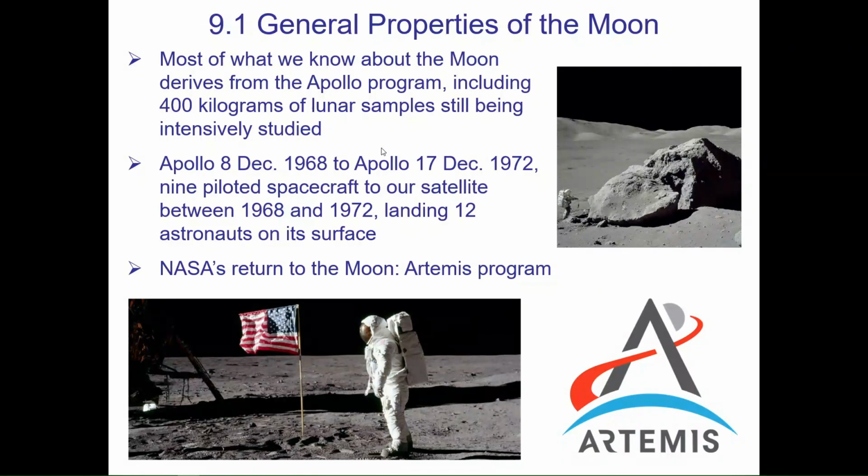In total, there were 9 piloted spacecraft in those 4 years, landing 12 astronauts on the surface of the moon. And the astronauts carried a lot of different experiments and missions to explore the surface of the moon.